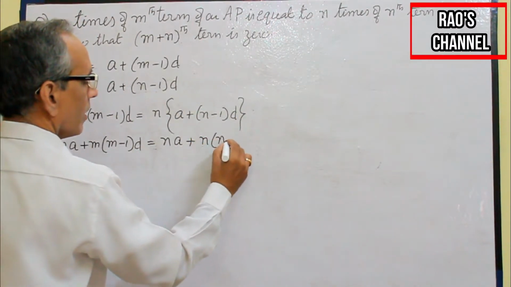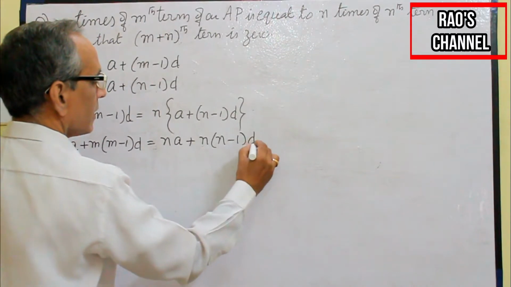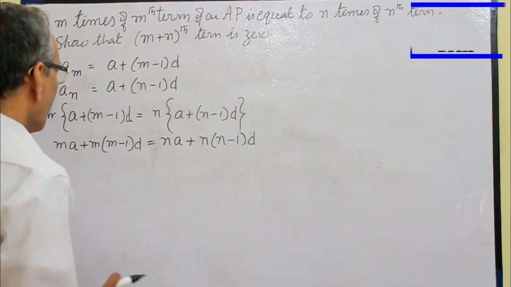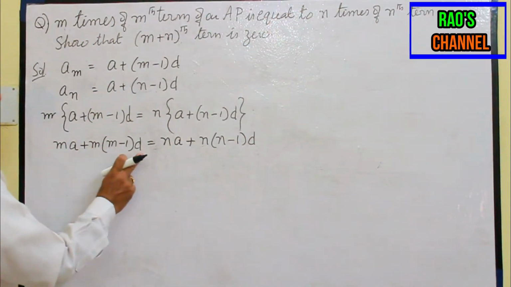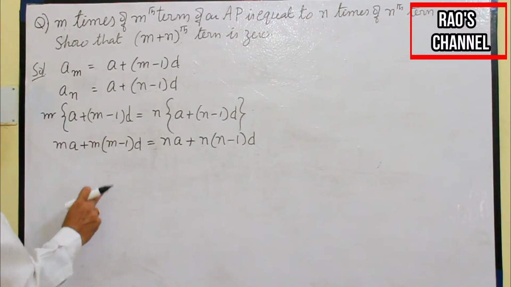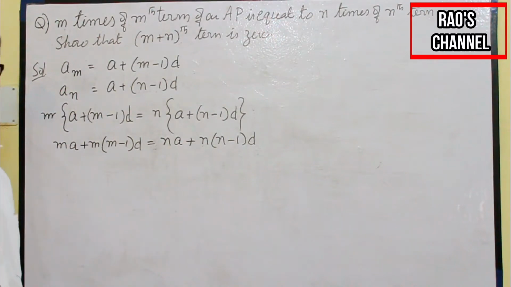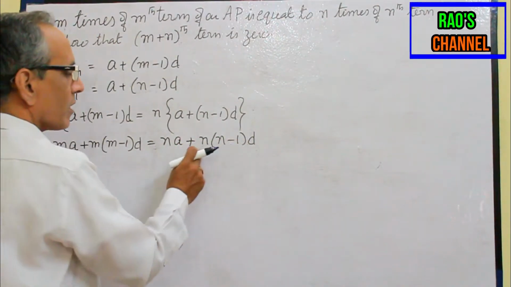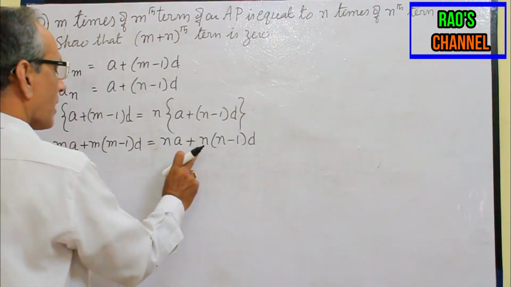For my convenience, I write both the factors side by side. Wherever I write m and d, the product remains the same. Here also I do the same to avoid confusion.